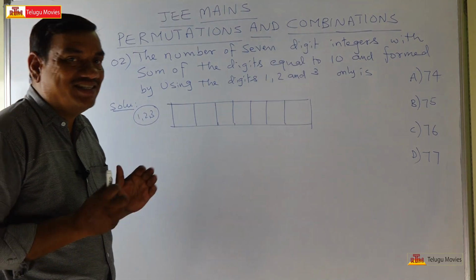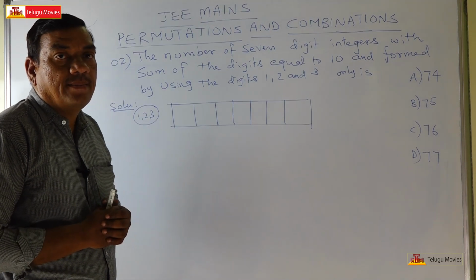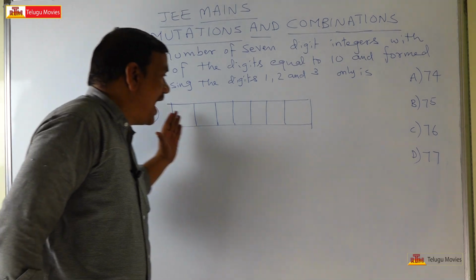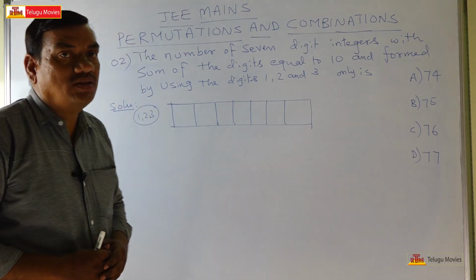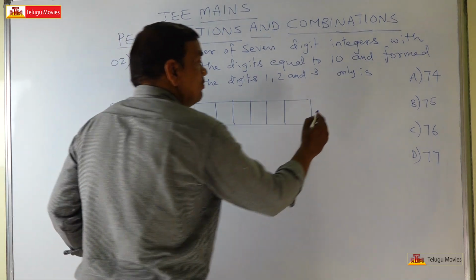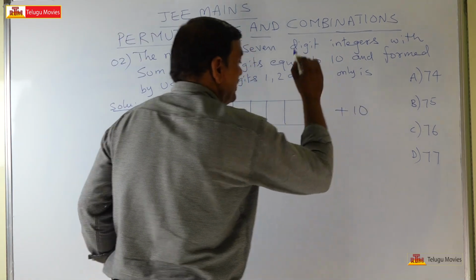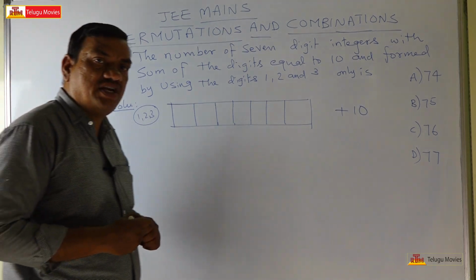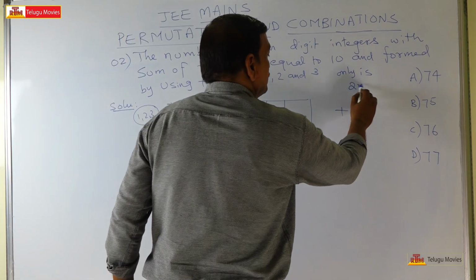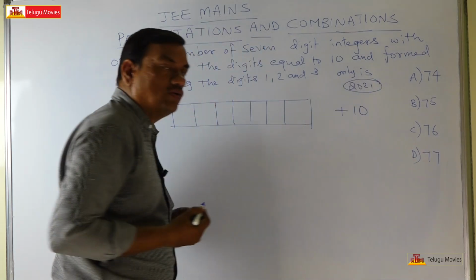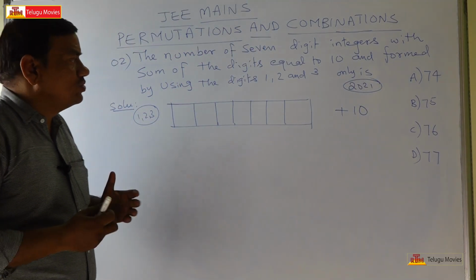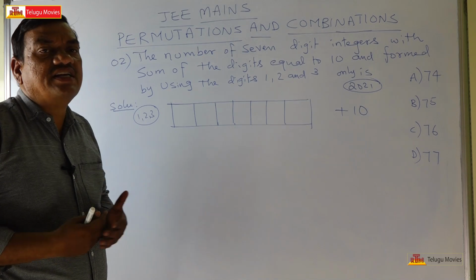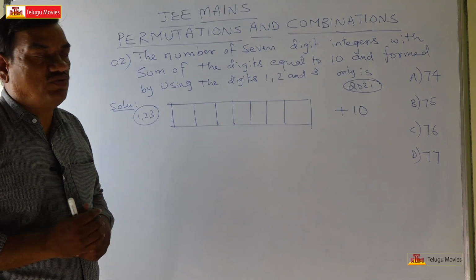Moreover, if you add all the digits, the sum should be 10. That is the condition. This question was asked in JEE Mains 2021. See how to think about and solve this problem. We will see various possibilities.